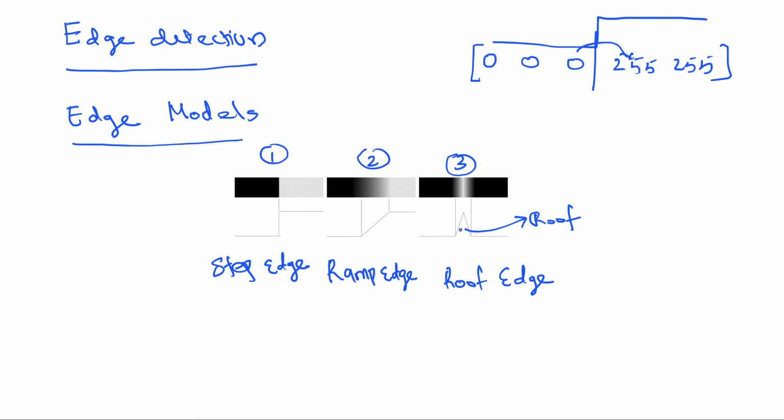Here you have a darker intensity, then the intensity grows brighter, then it comes back to darker and stays dark after that. So these are several types of edges that we can have in an image, and we will see how we can detect these edges using some mathematical formulations.